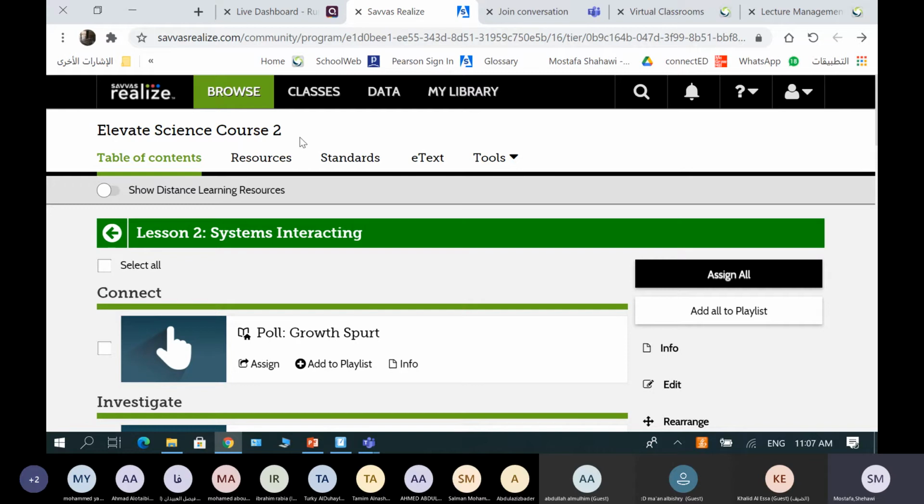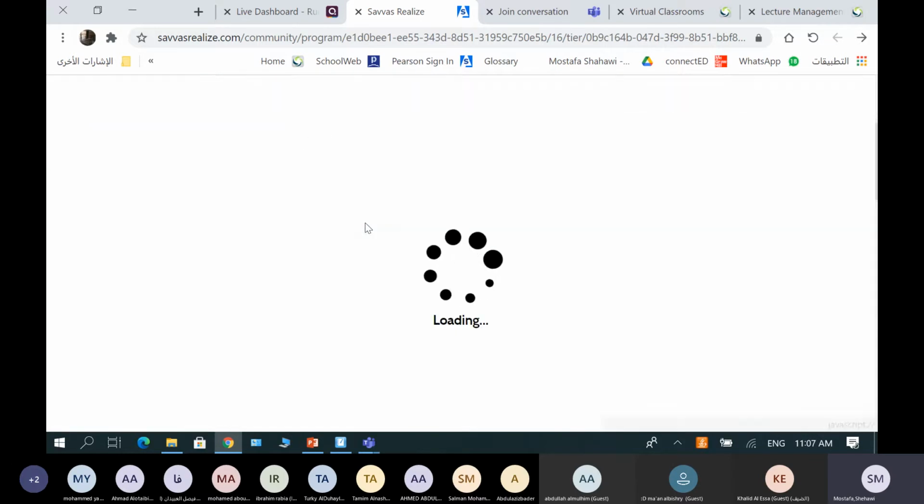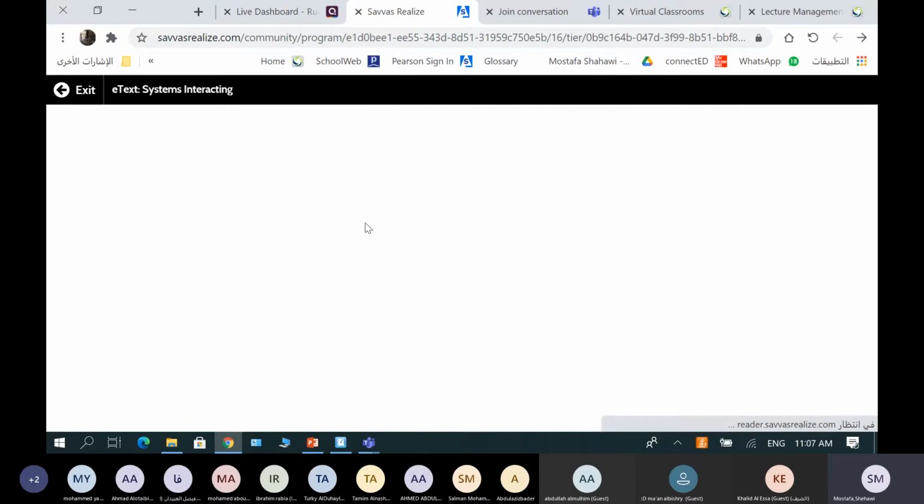How will your body systems work together to face the change in the balance? Right now we'll go to the text to read it. We'll read only the first page. Then we'll take a quiz about it.